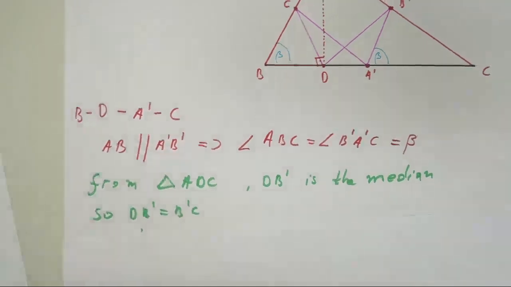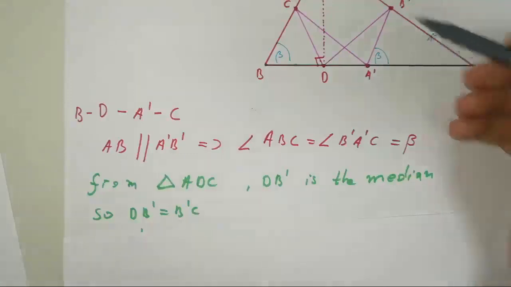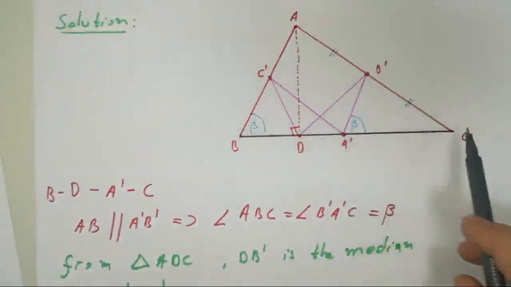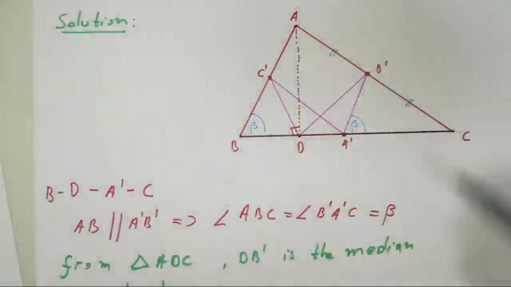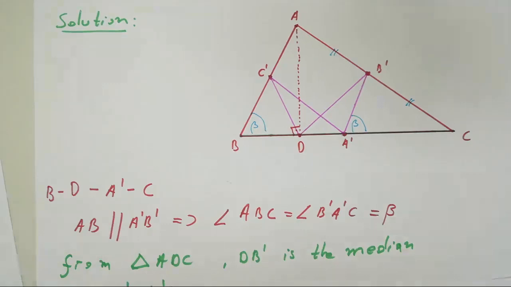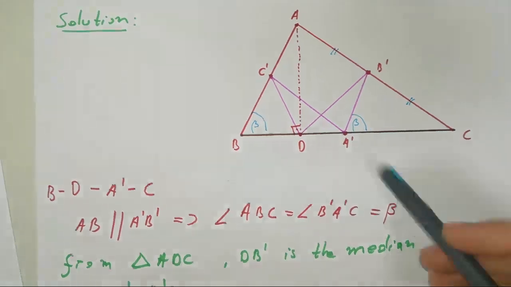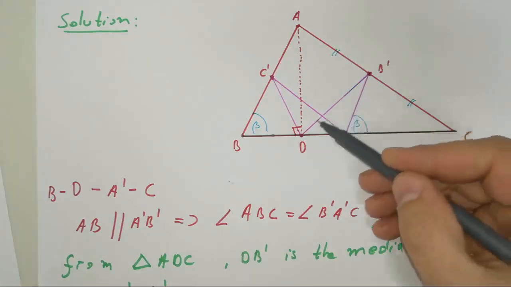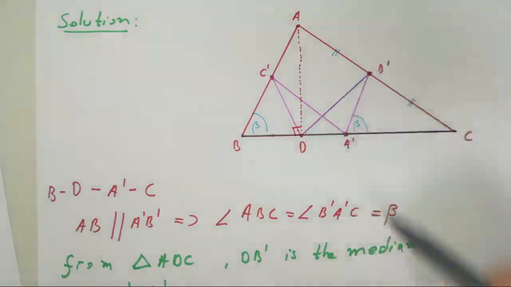From the triangle ADC, it's a right triangle. It's given from the problem that these two sides, B prime C and B prime A, are equal because it's the midpoint. In the right triangle ADC, this line is the median.